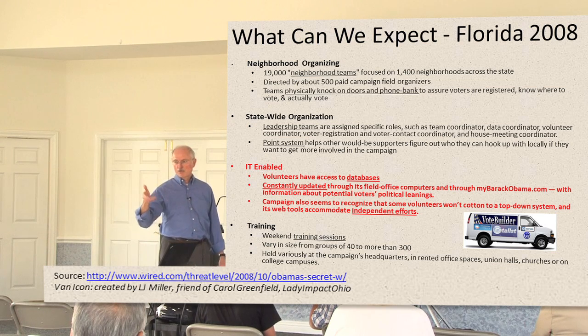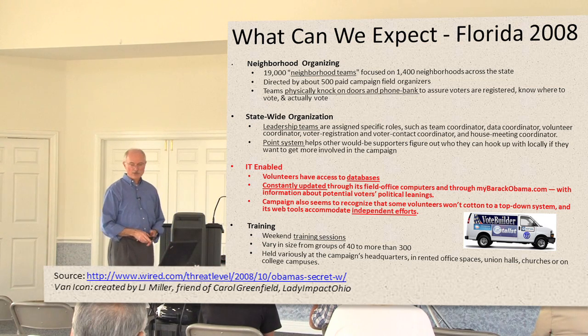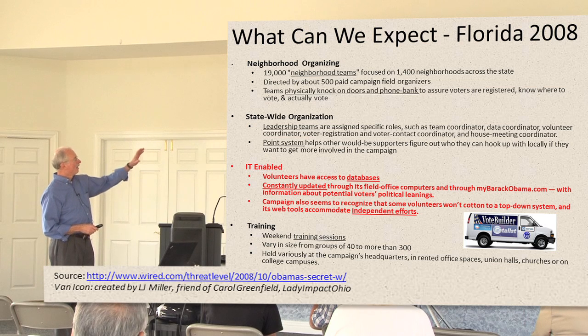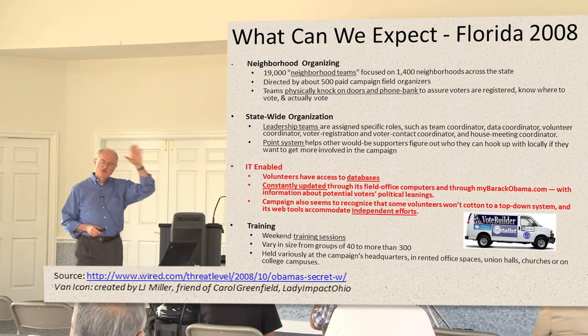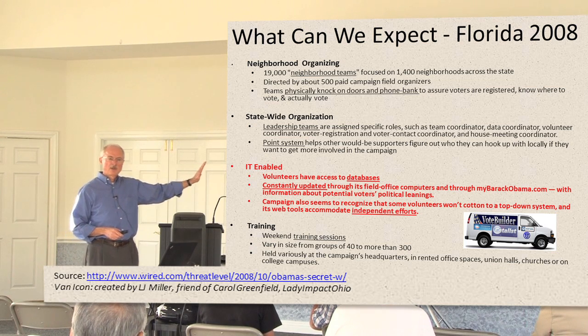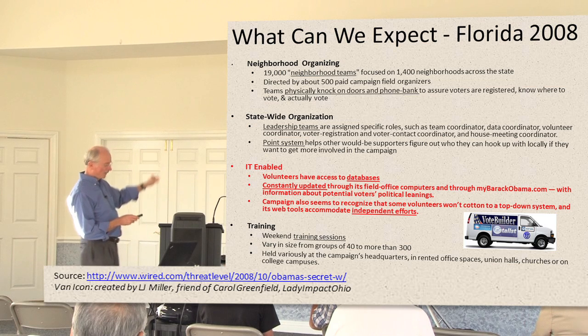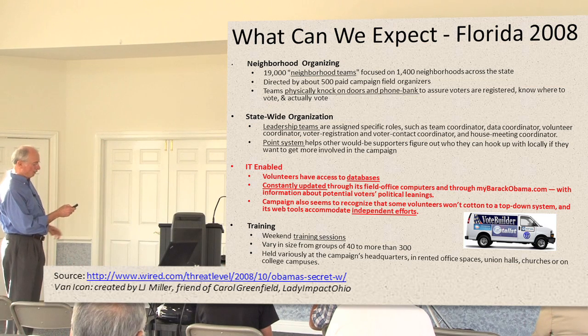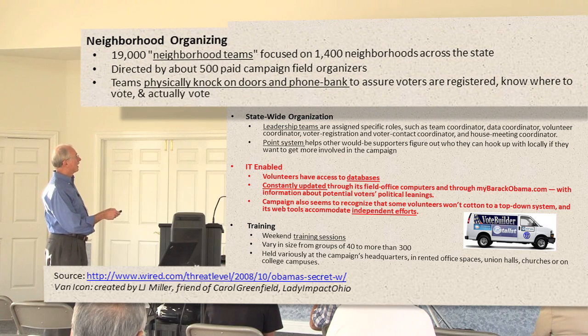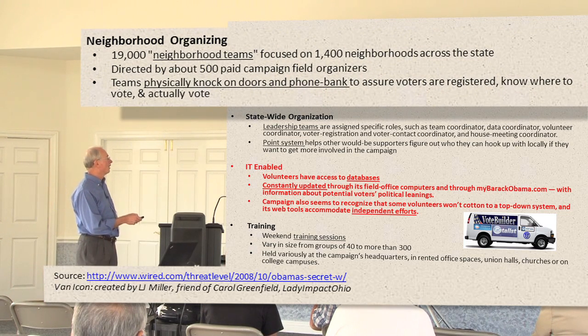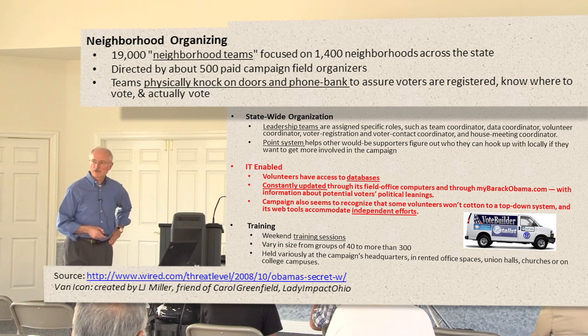Actually, I've been there in person giving presentations to Tea Party organizations. But here's what happened in Florida in 2008, the year President Obama won. They had neighborhood organizing, 19,000 neighborhood teams focused on 1,400 neighborhoods, directed by about 500 paid campaign field organizers, physically knocking on doors and running phone banks.